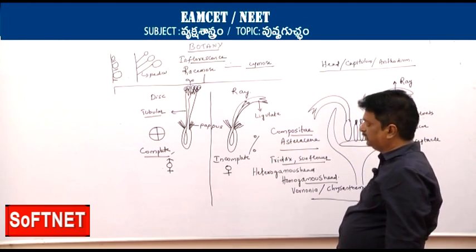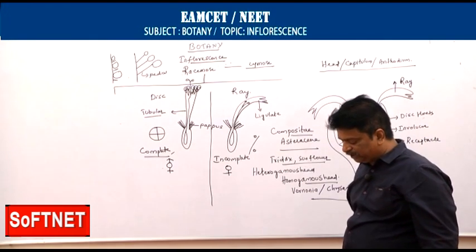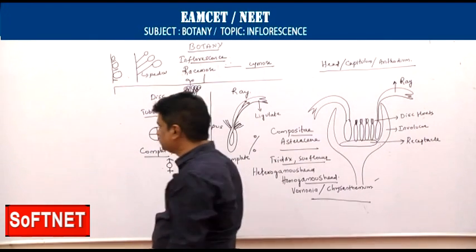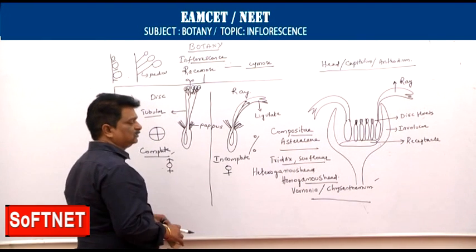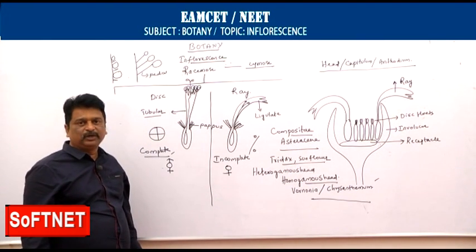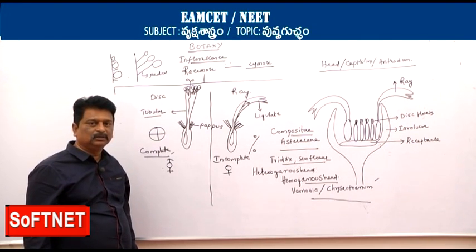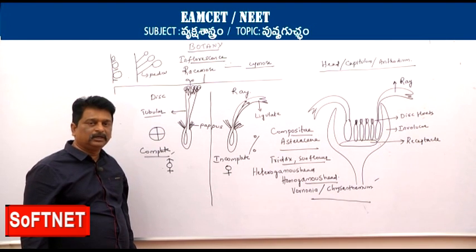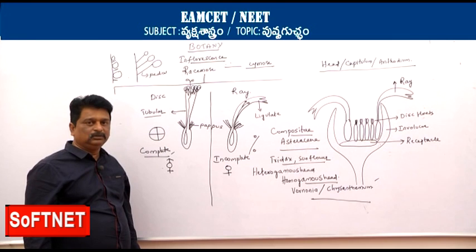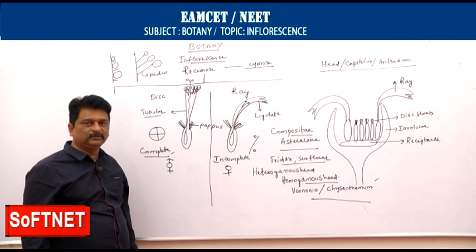This is simple head. And a compound head means peduncle is branched and each branch ends with one head. Example for compound head, echinops and sphaeranthus. Among these two, echinops is a xerophyte.